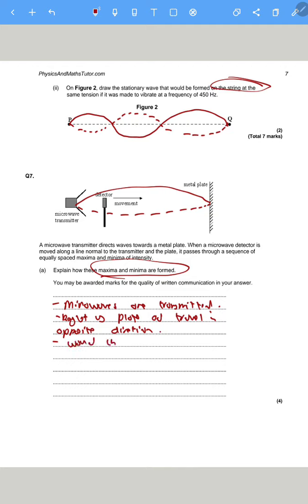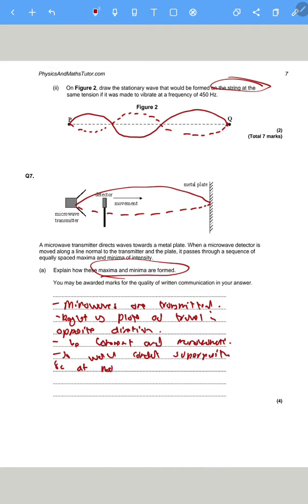They would interfere, would be coherent and monochromatic. So they would undergo superposition.